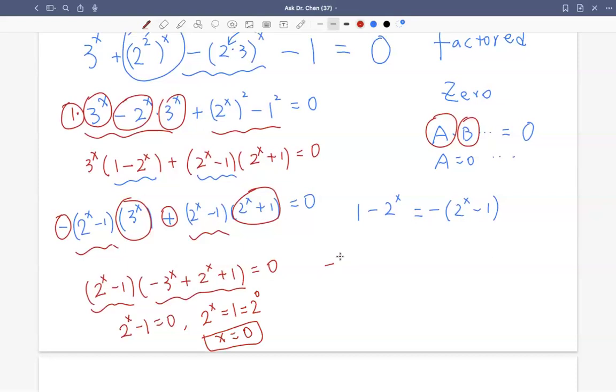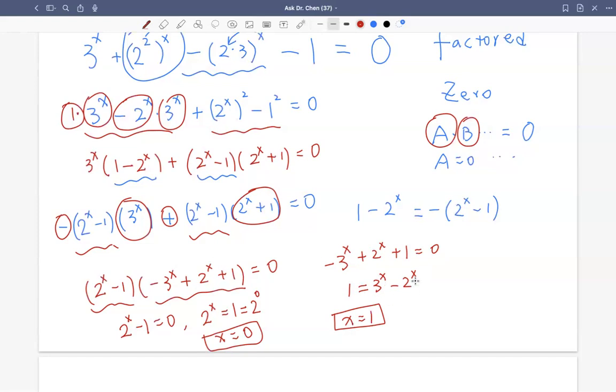The second factor is negative 3 raised by x plus 2 raised by x plus 1 equals 0. So that can be written as 1 equals 3 raised by x minus 2 raised by x. Obviously, x equals 1 is a solution. 3 raised by 1 is 3, 2 raised by 1 is 2, 3 minus 2 is 1.